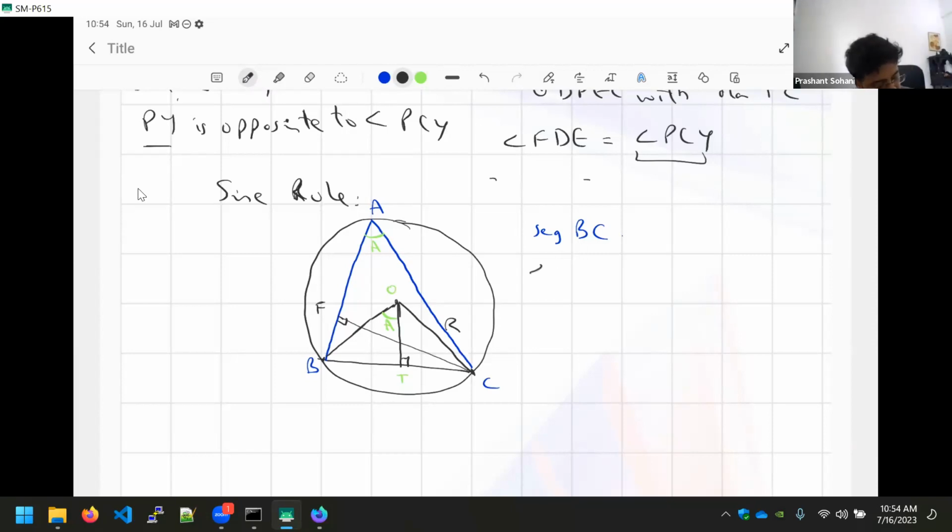One way to write is that triangle AFC is similar to triangle OTB, by the AA test, because one angle is 90° and the other angle is A. And so I can write the ratios of the corresponding sides.